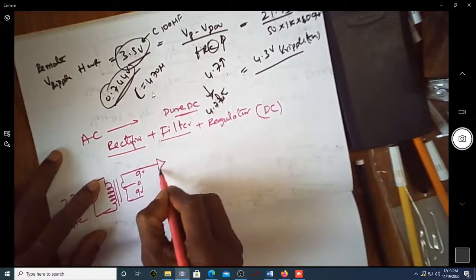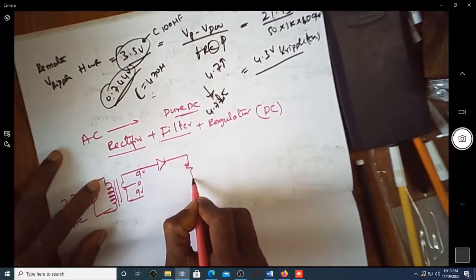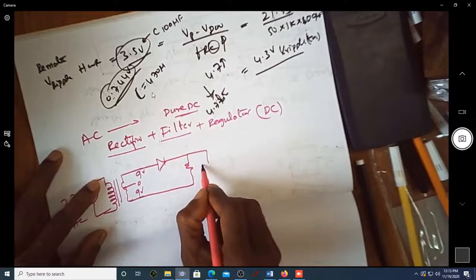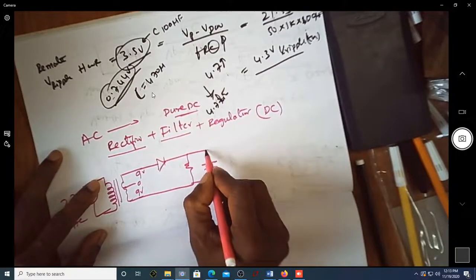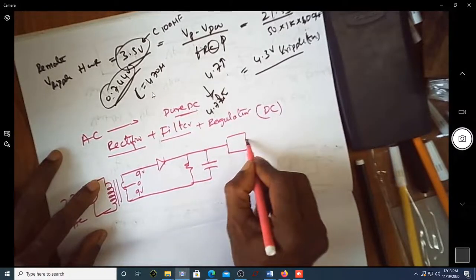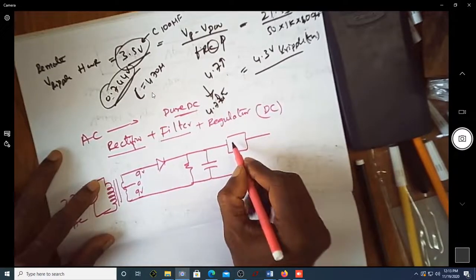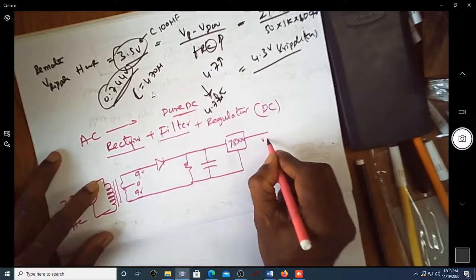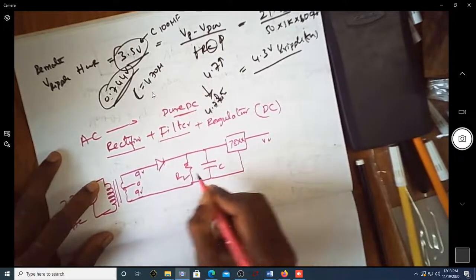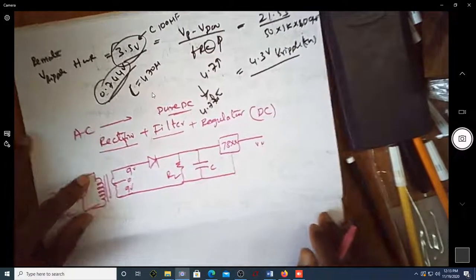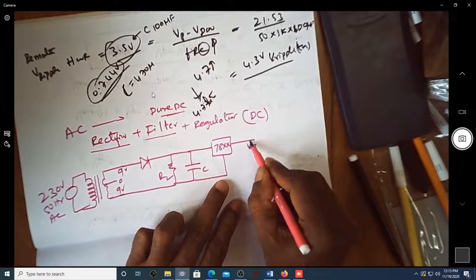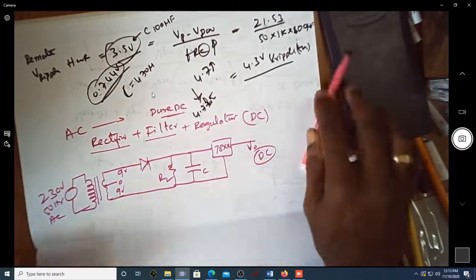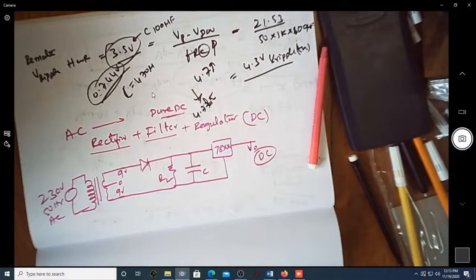You can see this is my diode, I have my resistor, I have my capacitor, and this is a regulator 78XX. So this is V0, this is C, this is RL, this is the diode. Here V0 is a pure DC signal.